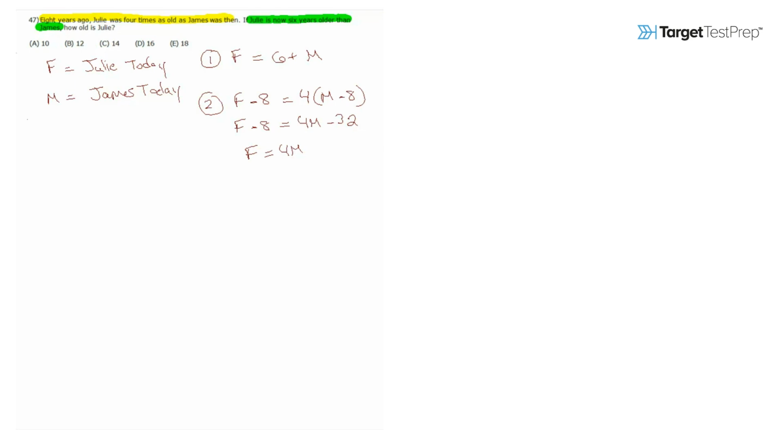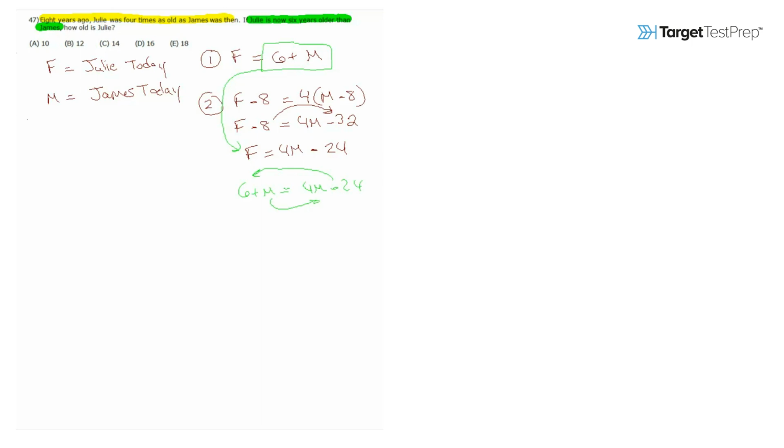So if we bring the 8 over here, this gives us F equals 4M minus 24. Now we're ready to sub in. We take 6 plus M, put it in for F. 6 plus M equals 4M minus 24. Add the 24 over, bring the M over here.